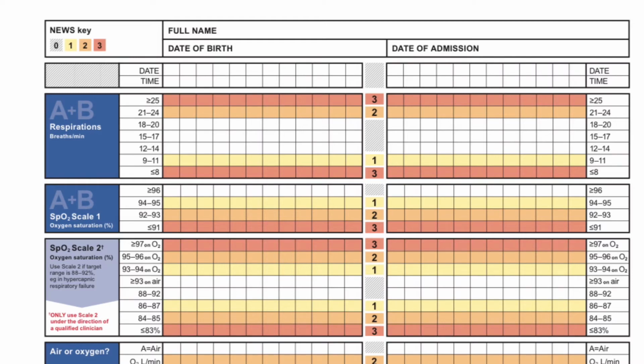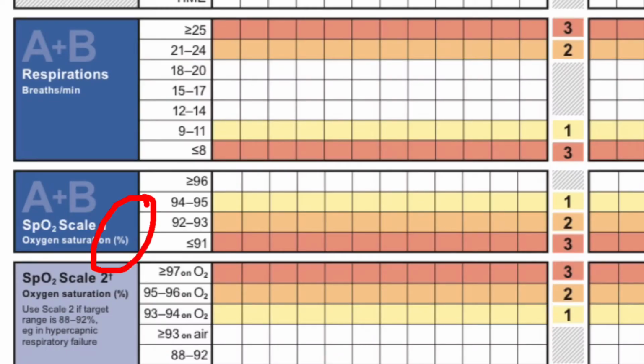Okay, then next one is SpO2 scale 1 A and B. Here, SpO2 scale 1 is oxygen saturation, which is in percent. So when you write 99% or 98%, if it is above 96, then NEWS score of 0.